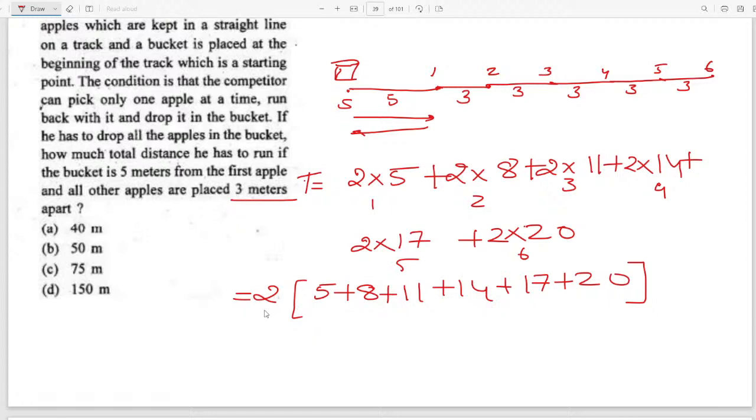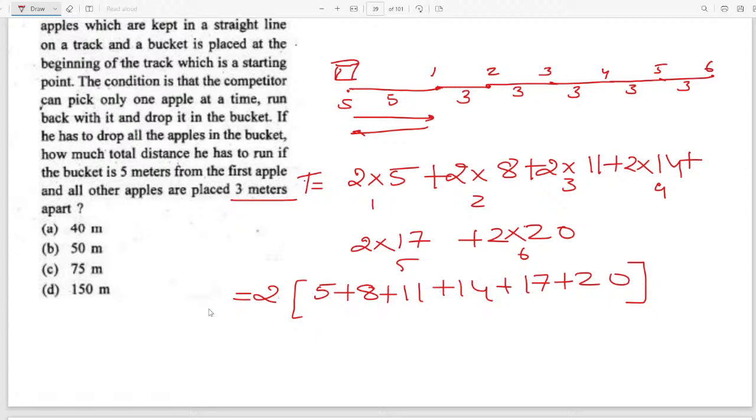Now I can manually calculate this or add it like this, or I can use a formula. I told you the sum of n terms. This is an arithmetic progression. The difference between these points is 3, 3, 3, 3, the same.